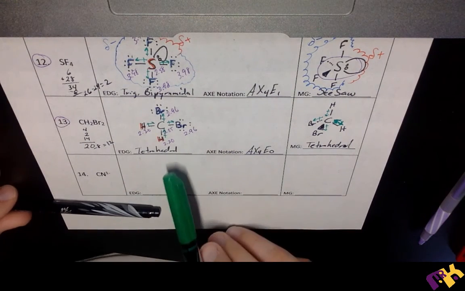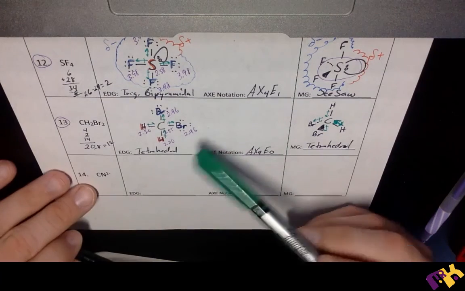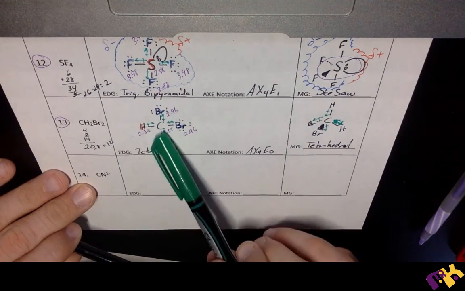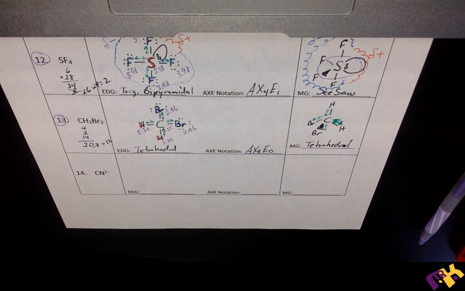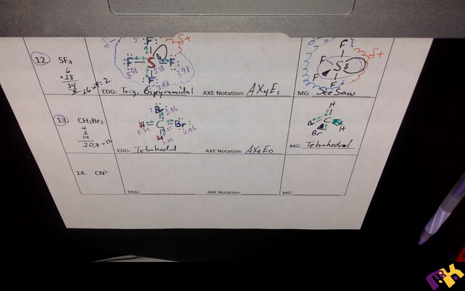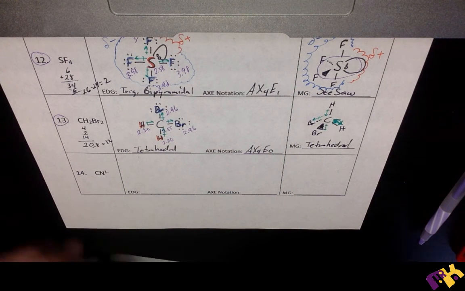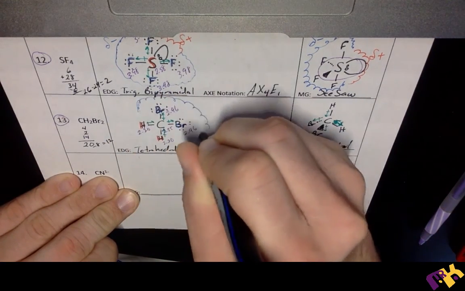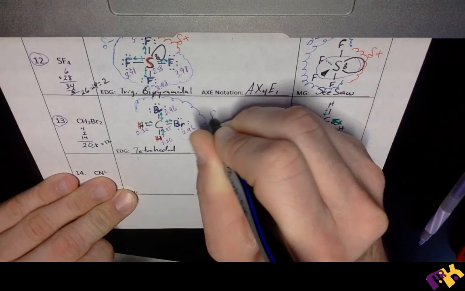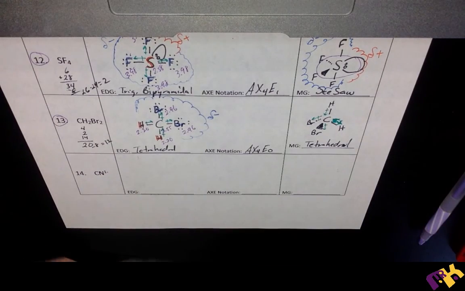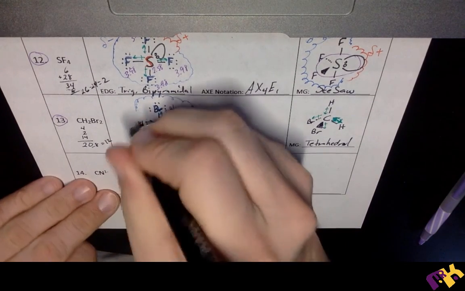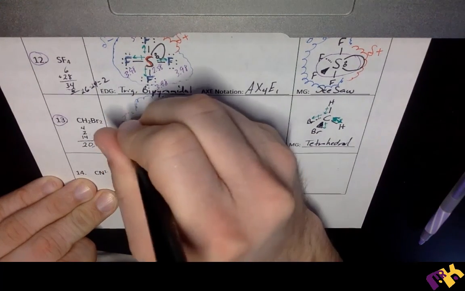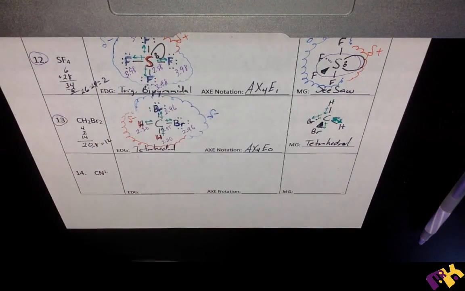The difference between the EN values is not very large from hydrogen to carbon, but it's a little bit larger from carbon to bromine. This one would be definitely a polar molecule, though, with a negative region found around the bromines. So this would be a partial negative region and a partial positive around the hydrogens.